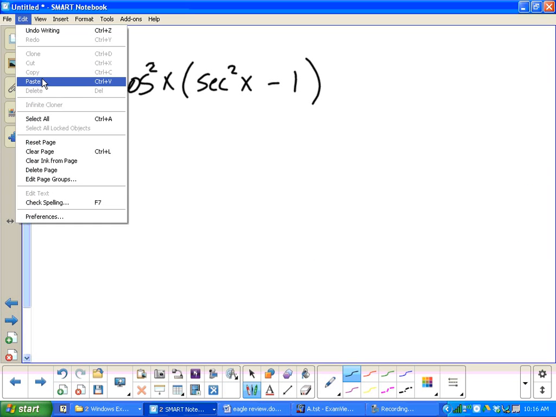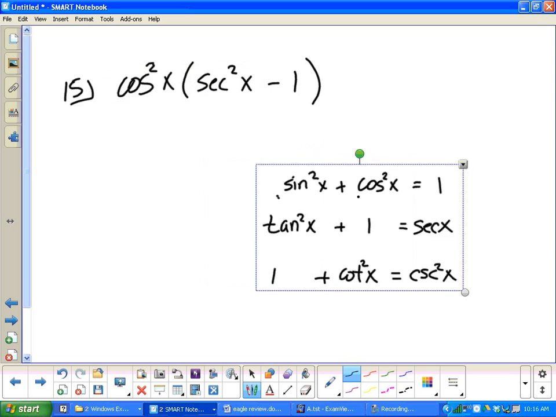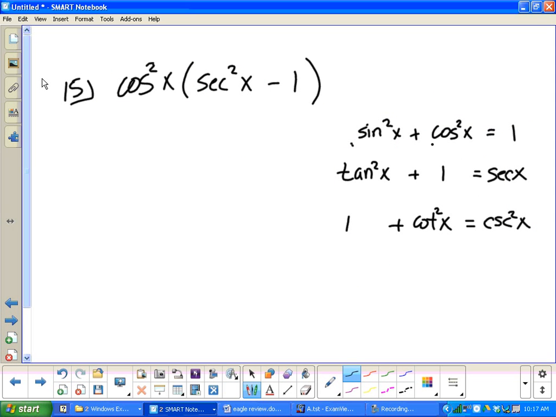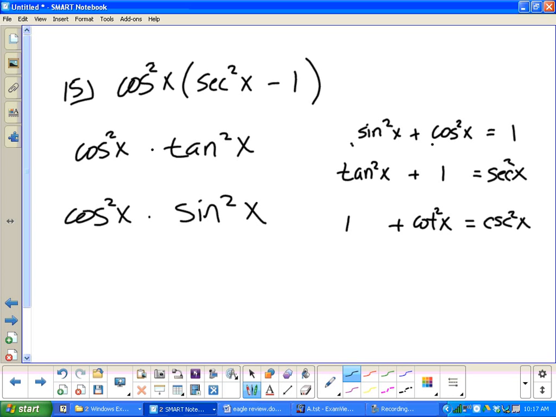All right, for this one, again, I'd probably stay away from multiplying it out. Secant squared minus 1 is tangent squared. So we'll get cosine squared x times tangent squared x. Now what then? Right. We can write tangent squared as sine squared over cosine squared.